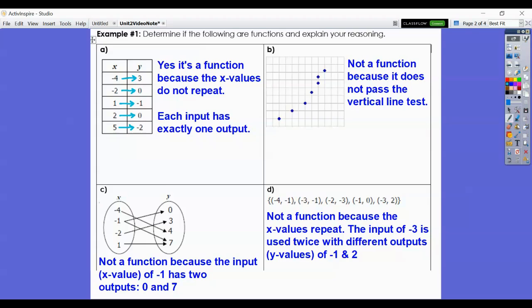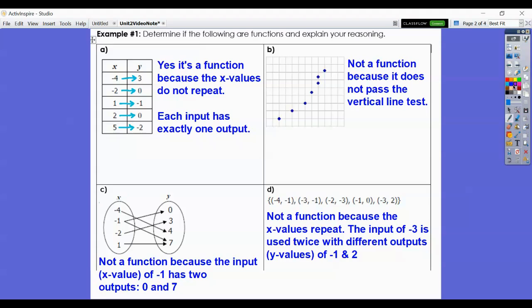There are no repeating x values. They are all different, and they all go to one output, a y value. So a good explanation you could say is that yes, it's a function because the x values do not repeat. Each input has exactly one output.